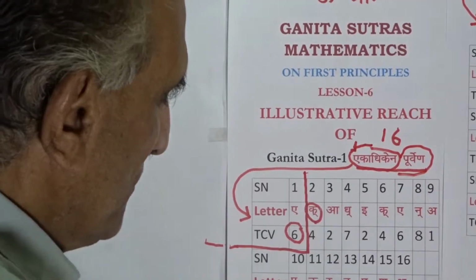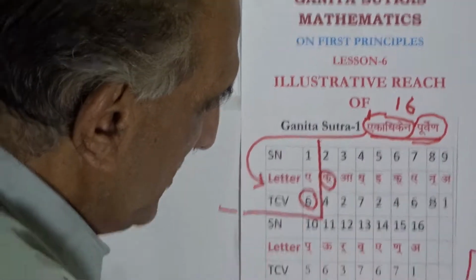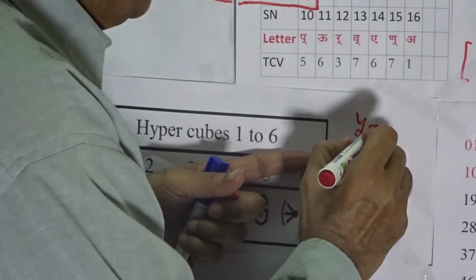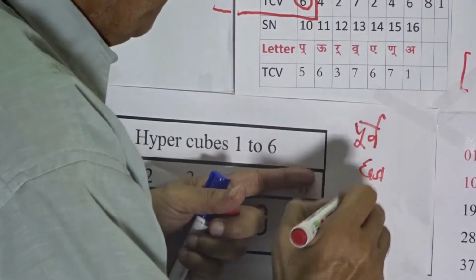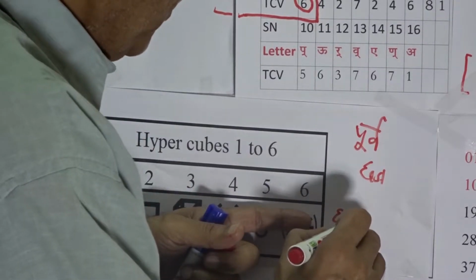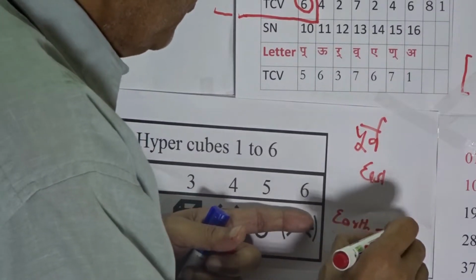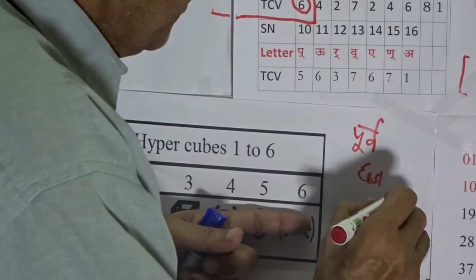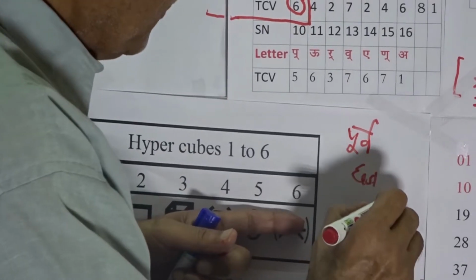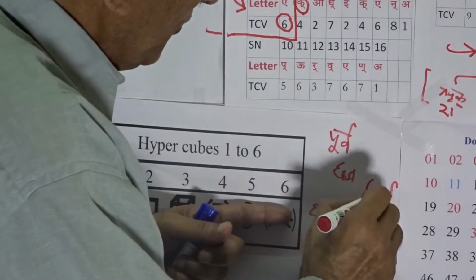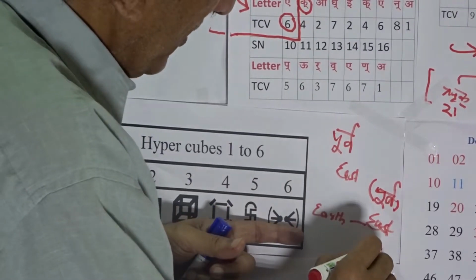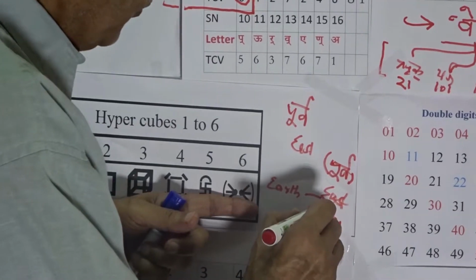Let us have a pause here and take note that Purv means previous, and it also means east. From earth towards east is sun. Therefore, this Purv is a formulation, and we see it is of transcendental code value 21.